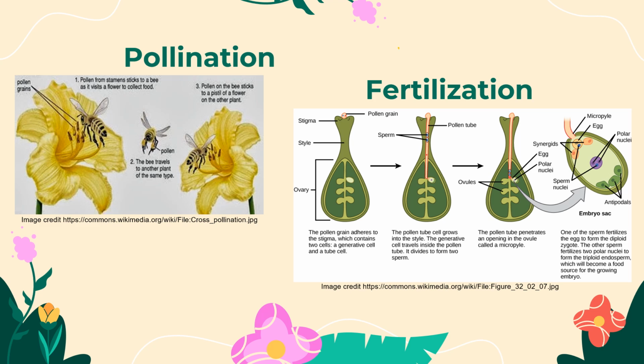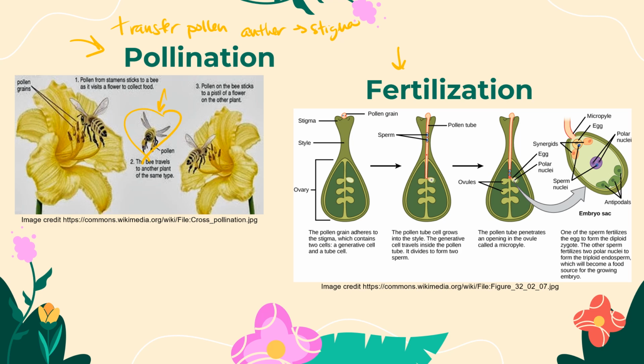But before fertilization can occur, we must have some pollination. Fertilization follows pollination. Pollination is simply the transfer of pollen from an anther to a stigma, often done with the help of a pollinator like this beautiful bee here.